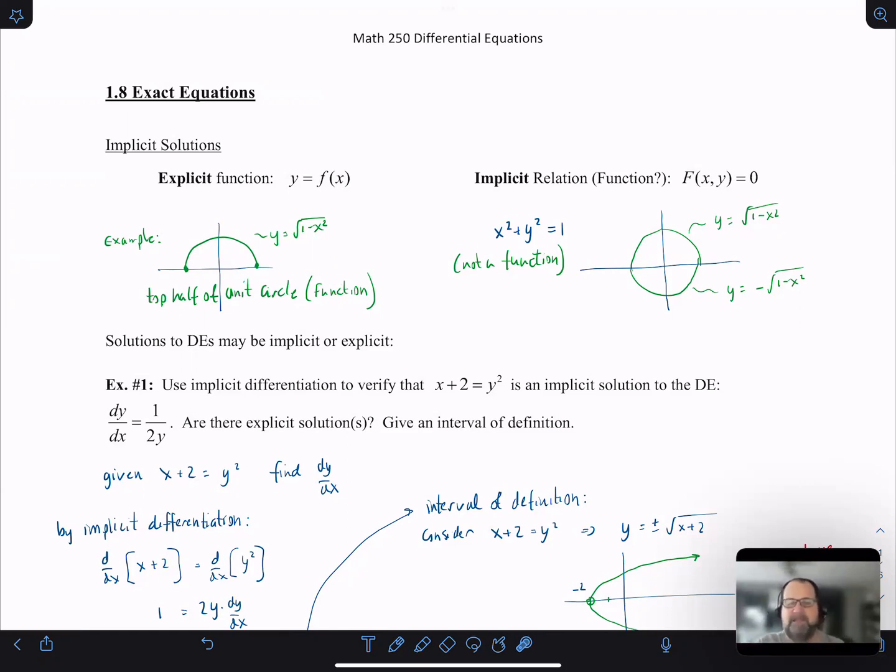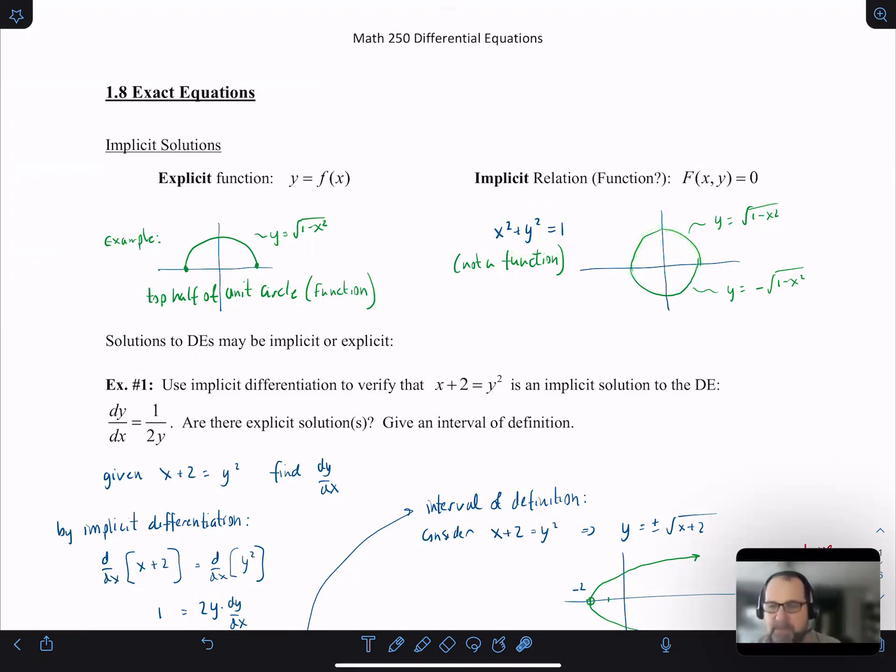Sometimes implicit relations can be solved for y, and sometimes they can't. Certainly this one can be solved for y. You get y equals plus or minus the square root of 1 minus x squared. Notice that this shows us that this implicit relation is really just two explicit functions pasted together.